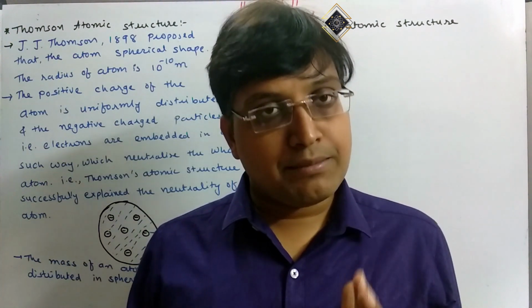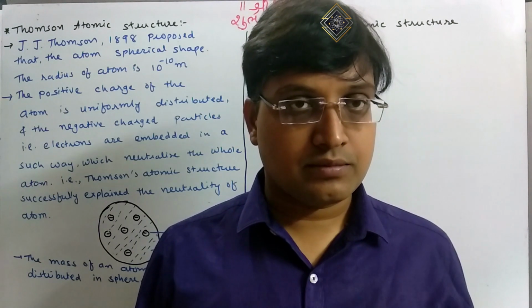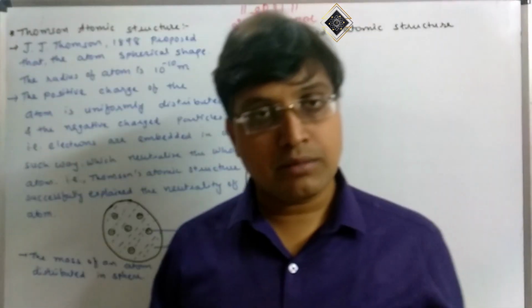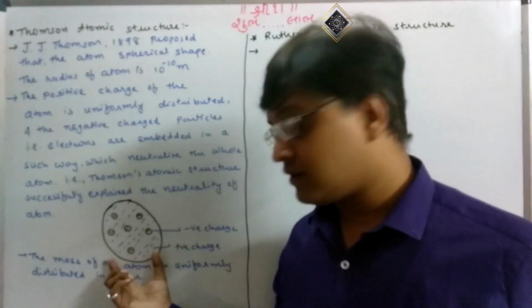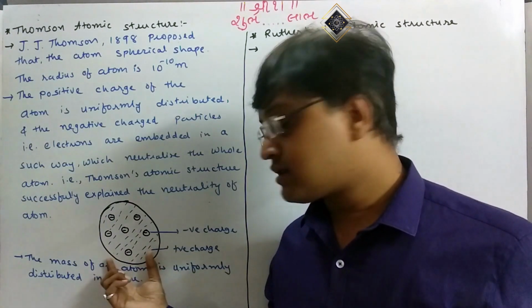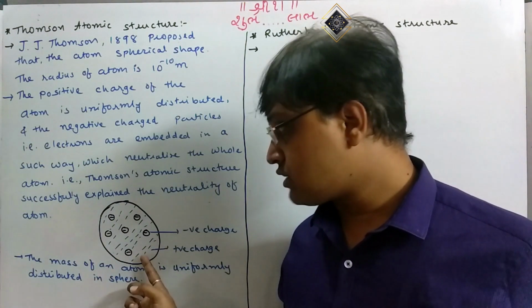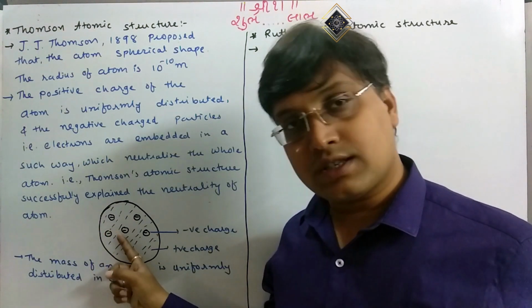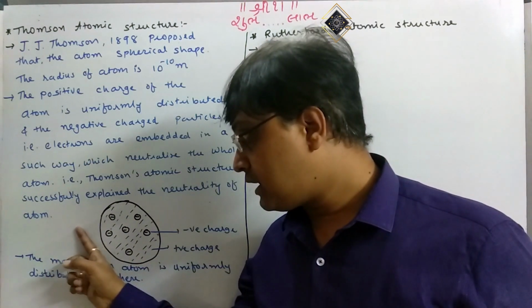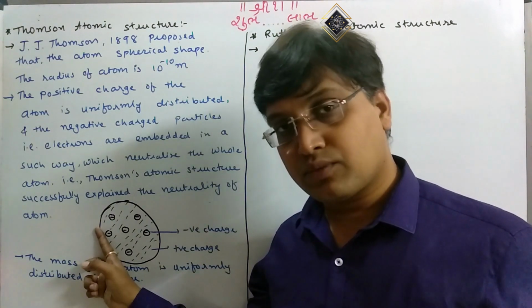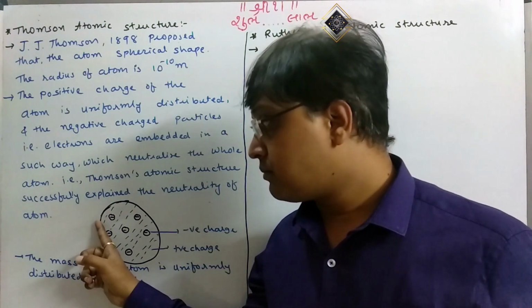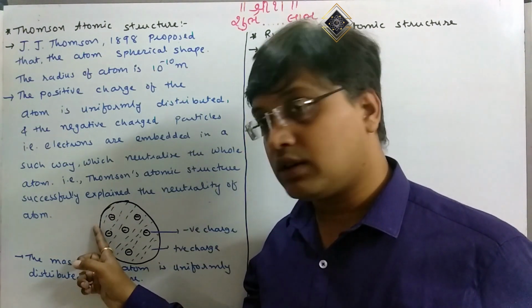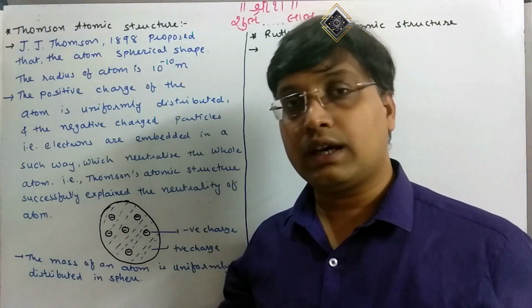If we accept the Thomson atomic structure, then according to Thomson this is a solid structure because the mass of the atom is uniformly distributed. If this structure is correct, then an alpha particle striking the atom should obviously be deflected, or bounce back.